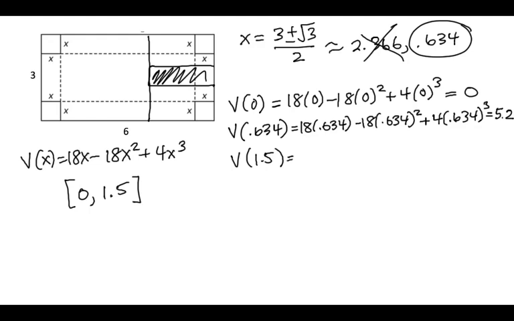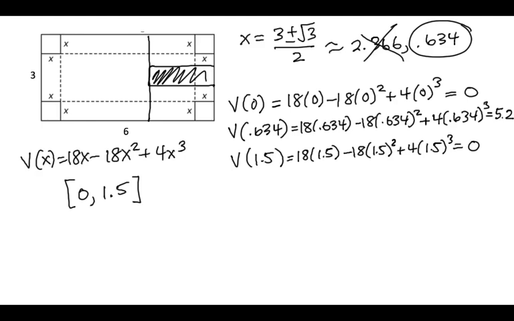And then when I do the same thing for 1.5, that's cutting the whole entire 3 meter side off. This is going to give us nothing. It's also going to be a 0 volume when we plug that into our calculator. All right, so that makes sense as well.